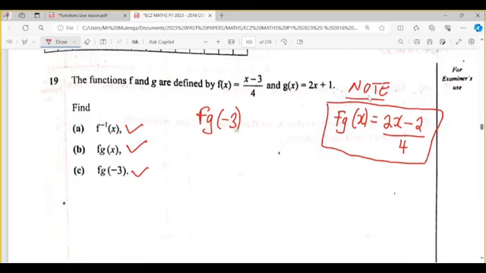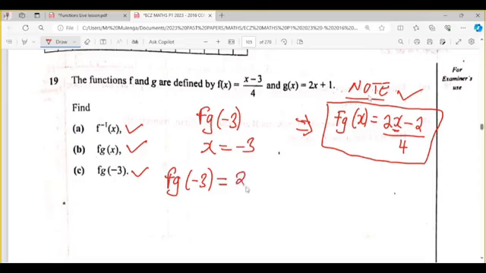So this negative 3 is x. It simply means x is equal to negative 3. We are going to use the same function. So fg of negative 3 is equal to, on this function where there is x, you put negative 3.